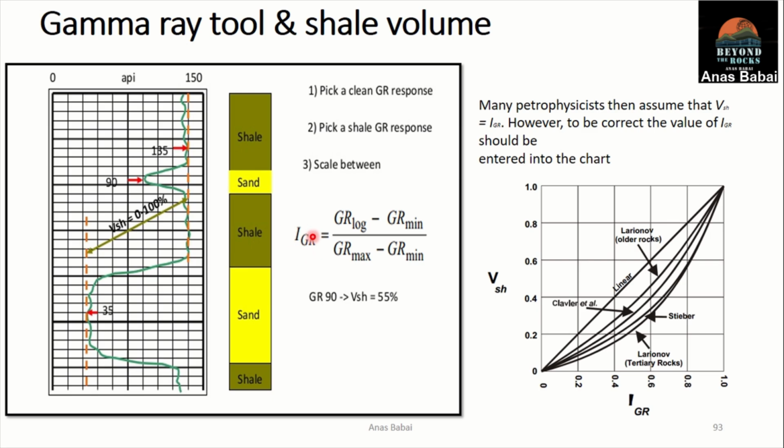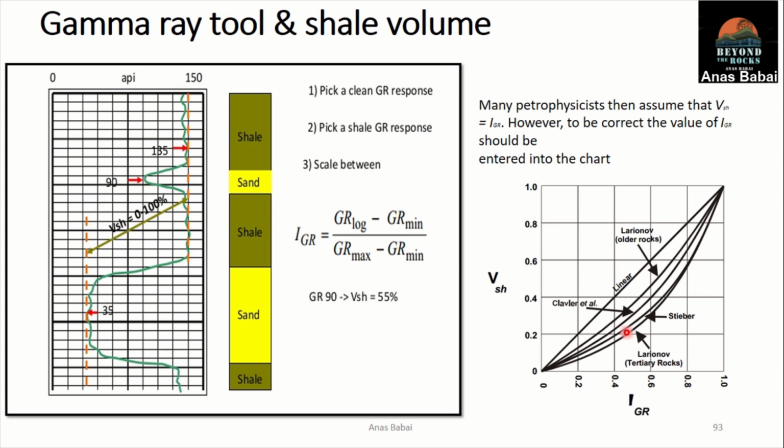But to be more precise and more accurate, we have to change this gamma ray index into clay volume, and that can be done by this graph here. We have volume of shale, or the clay volume, on the y-axis, and we have the gamma ray index on the x-axis, and by finding the intersection of that specific gamma ray index with one of the lines here, we can get the volume of shale.